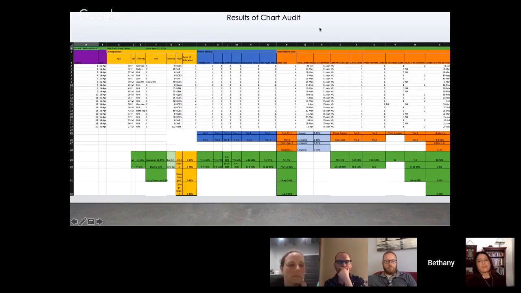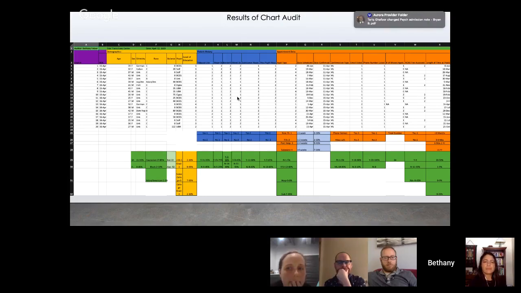So I did a chart audit on 20 of my own patients, and I was looking for a correlation between no-call, no-show appointments and their diagnosis, if they'd been previously hospitalized, if they had a balance due, the length of time they were in our practice, if they were cash versus insurance, whether we were able to reach them for the reminder call, and we evaluated our service recovery.